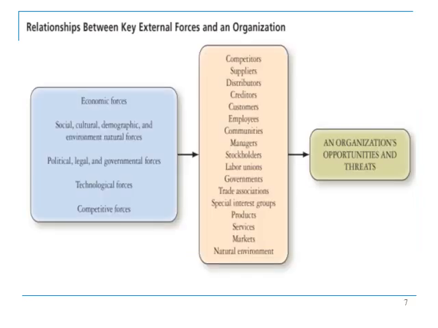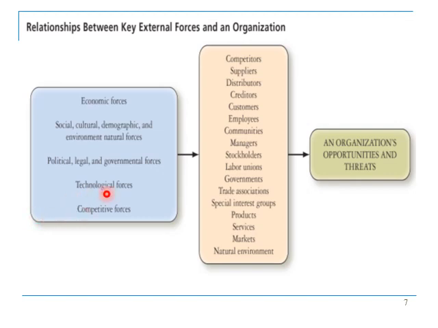My dear student, here is the relationship between external forces and an organization. You can see here in the blue the economic forces, social, cultural, demographic, and environmental forces, political, legal, and government forces, technological forces, and the competitive forces.